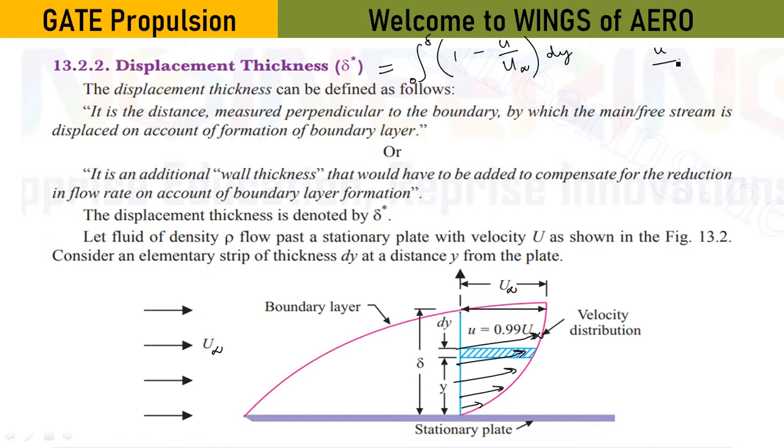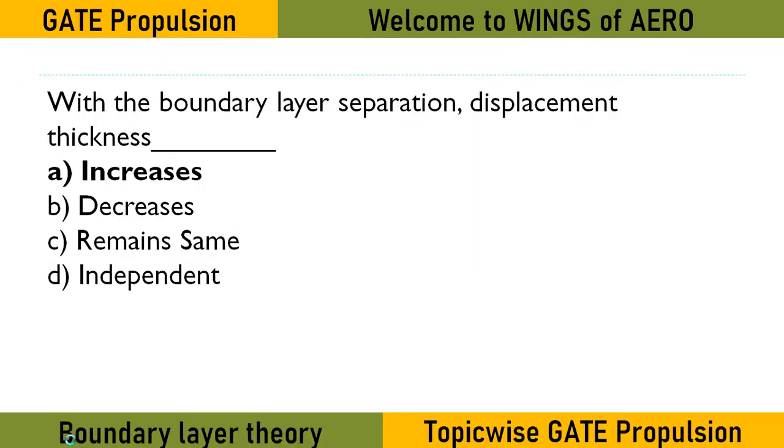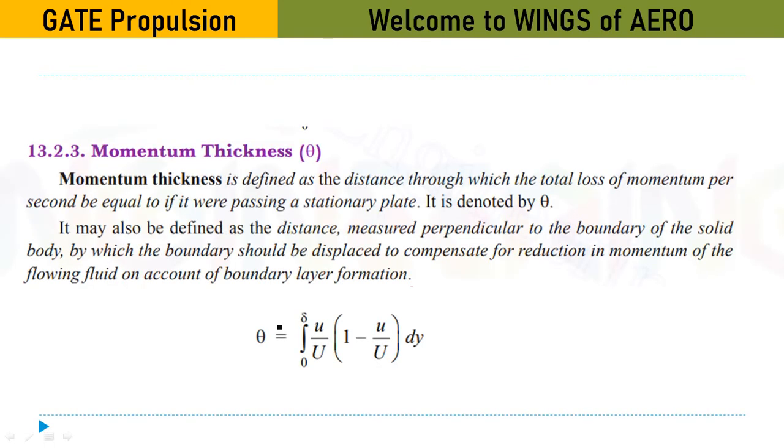Okay. Now same here, the momentum thickness is equal to integral 0 to del of u by u infinity, again open the bracket, 1 minus u by u infinity. Now what is that 1 minus u by u infinity? We have just seen it is the del star, displacement thickness. Okay, moving next. Energy thickness.